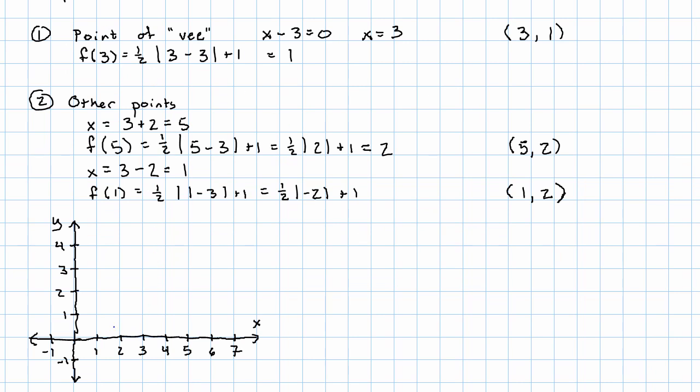And then our points. The point of our V is at 3, 1. Our other points are at 5, 2, and at 1, 2. And then we'll just go ahead and draw the rays through those points. And there we go. There's our graph of y equals f of x.